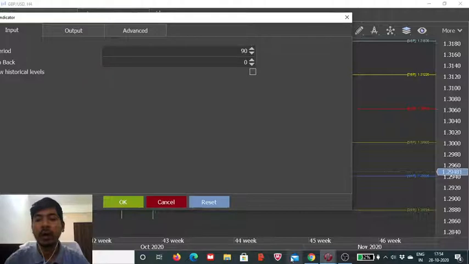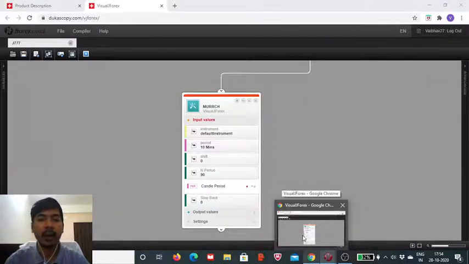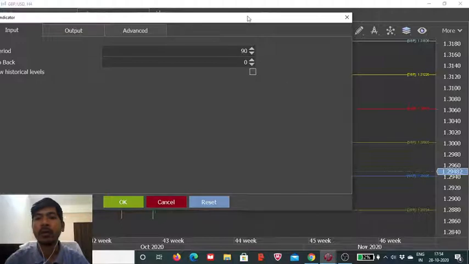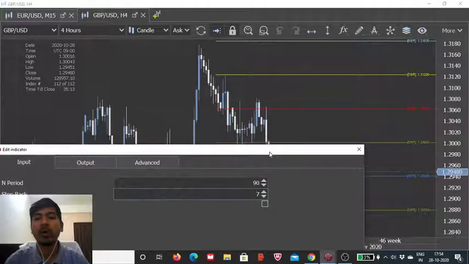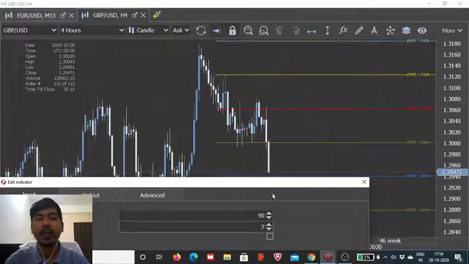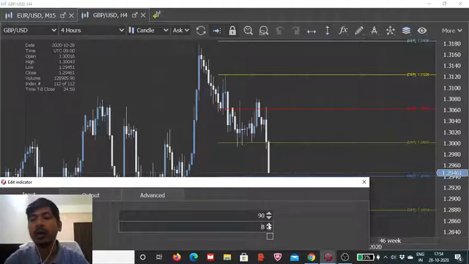Now I will explain to you the use of step back also. So here, see, if we change this step back value, then as you change it we get to choose the number of candles which are being taken into consideration for the calculation, and it simply shifts the calculation of the Murray's channel one candlestick at a time to the right.